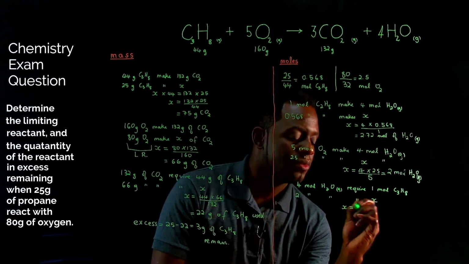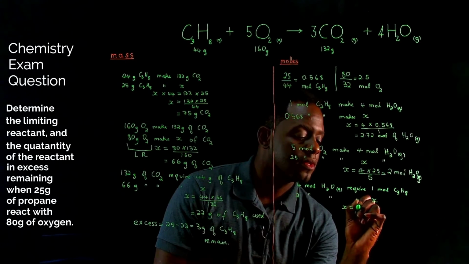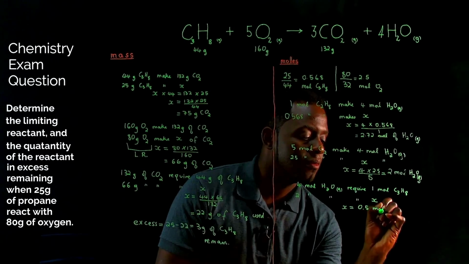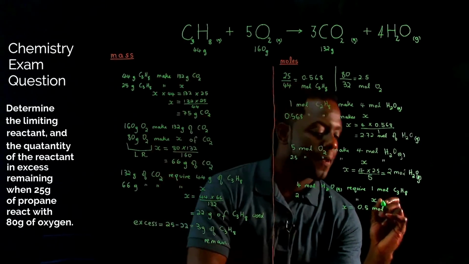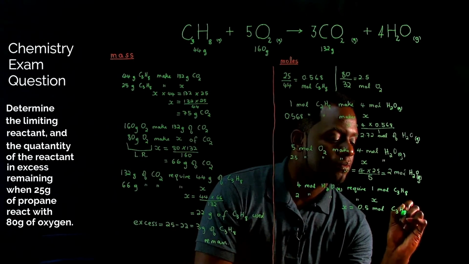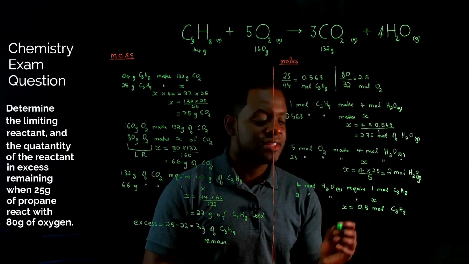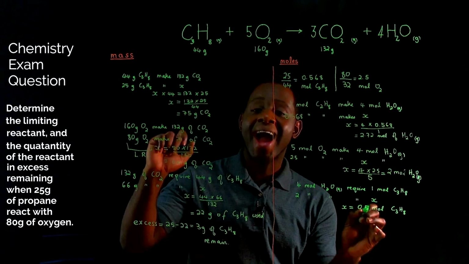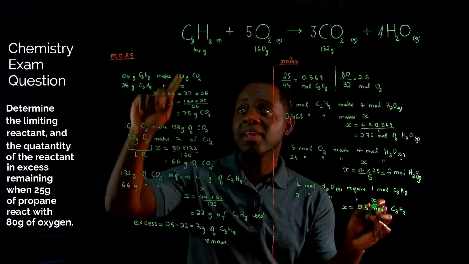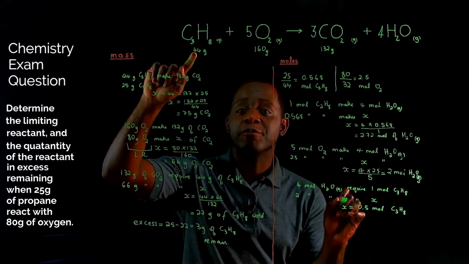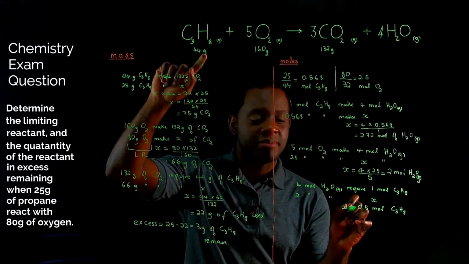So X is equal to 0.5 moles of propane. Now 0.5 moles of propane is half of 1 mole of propane, and that mass is half of 44, which is 22 grams.